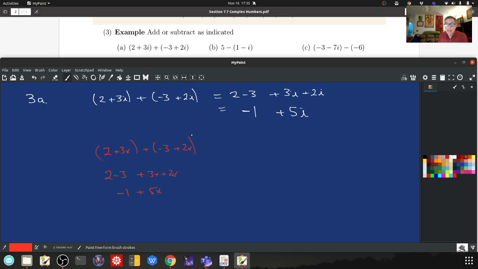So this is the exact same principle. Notice I'm not telling you to replace i with x. I'm just telling you that collecting like terms is exactly the same, except in this case these are pure real numbers, and these are multiples of the complex unit, or the imaginary unit, i.